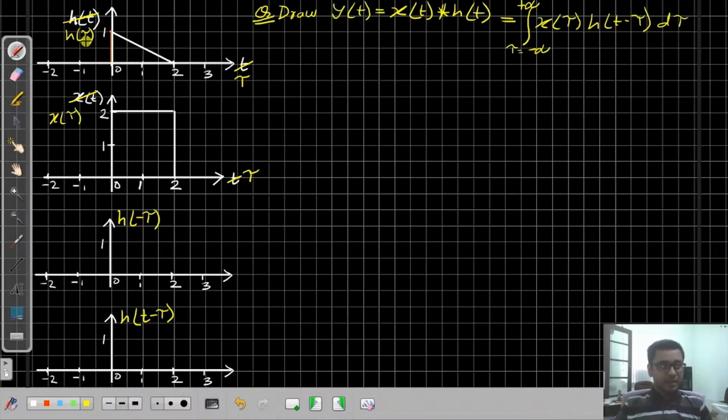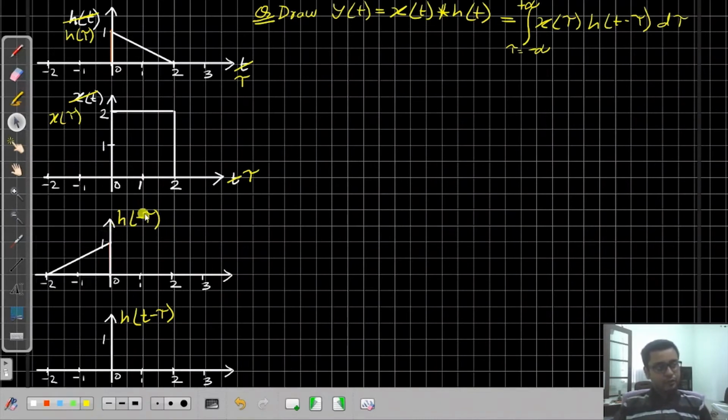So let us first copy this. So this was h of tau, and now I flip it, keeping the origin at the same position. So this is h of minus tau. Next we need h of t minus tau. For that we have to time shift this signal.